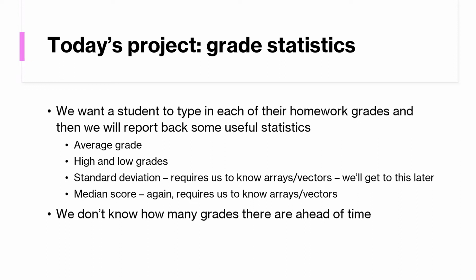So what we need is a conditional loop, a while loop. Okay, and the while loop is going to be based on basically while the user keeps entering valid grades, we're going to keep processing valid grades.